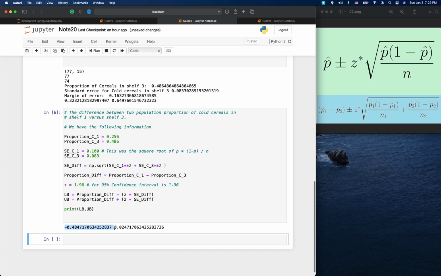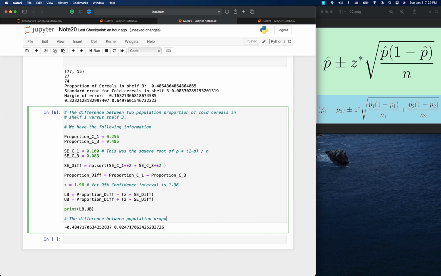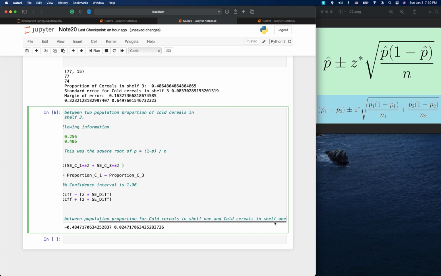Now, the difference between the population proportion for cold cereal in shelf 1 and cold cereal in shelf 3.